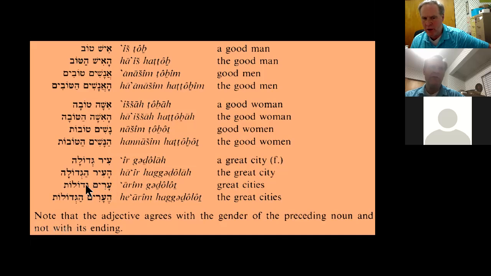So arim gadolot would be great cities. The great cities, you have to add a the in front of both of them, in this case, ha arim hagadolot. So again, the adjective agrees with the gender of the noun, not with the ending. So this is a masculine ending for arim, but it's still a feminine word.